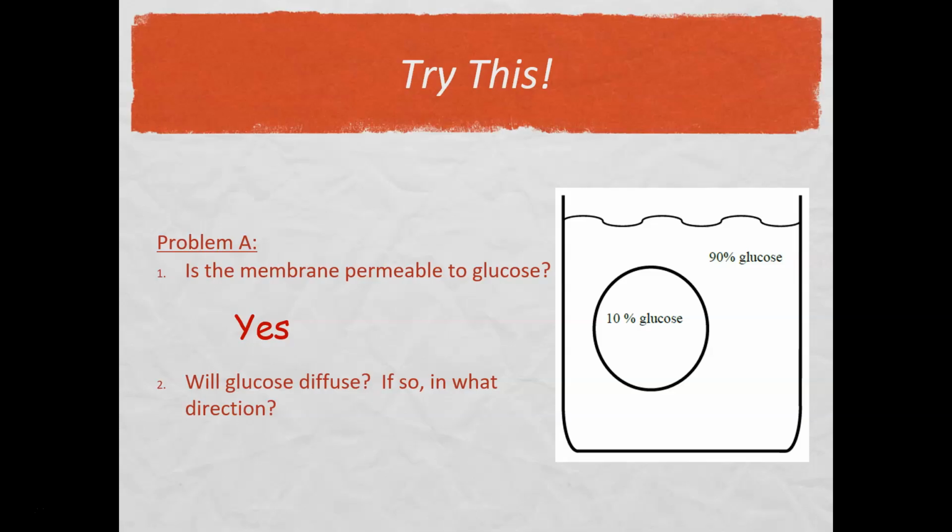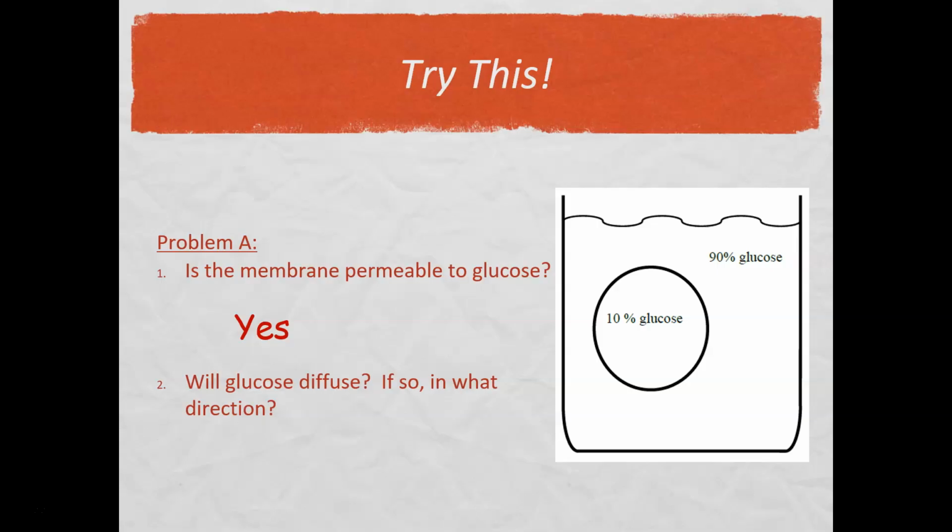Now that I know that glucose can go through the membrane, the next question becomes, will that glucose diffuse? Well, are the percentages of glucose on either side of the membrane identical? No, I've got 90% outside, 10% inside. So that means that they're going to end up diffusing until they can balance each other out, until they can get to a state of equilibrium. So this is an example of passive transport.